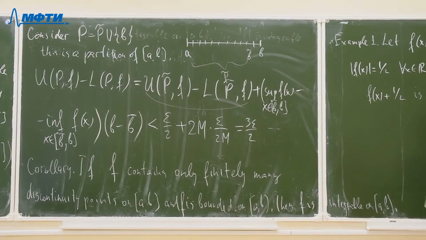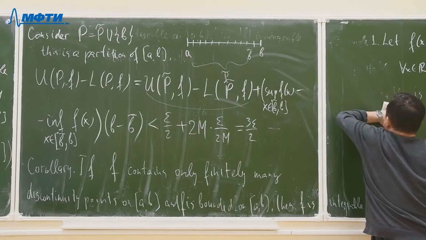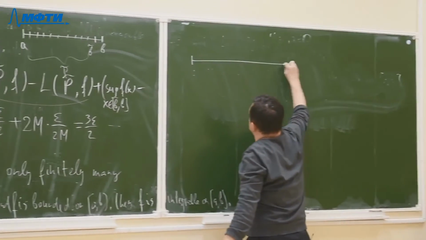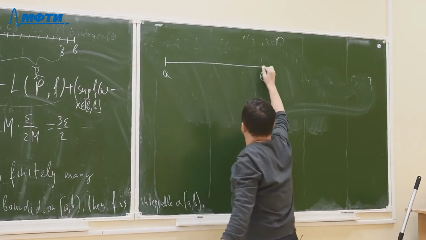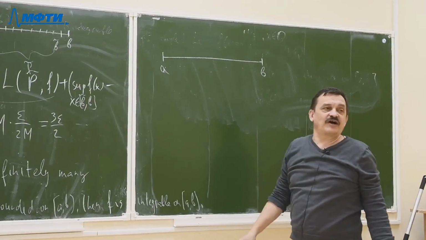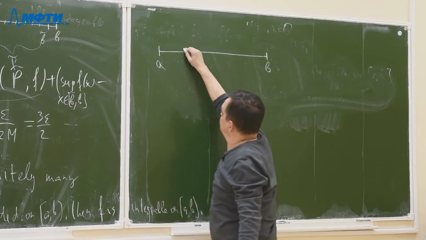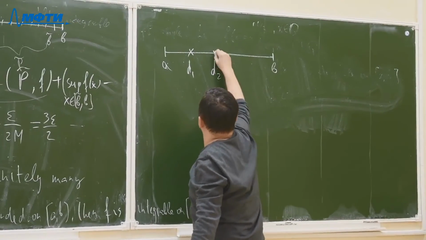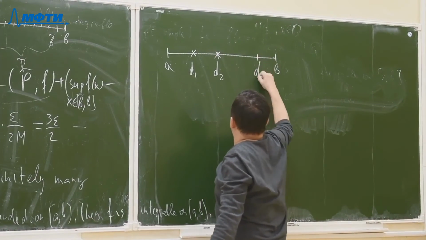So how do we proceed? Look. We have interval [a, b]. We have finitely many discontinuity points. Let them be d1, d2, up to dk.